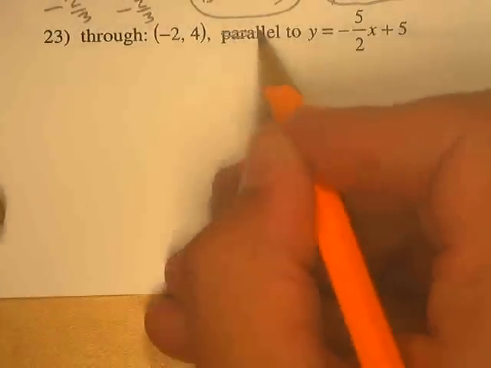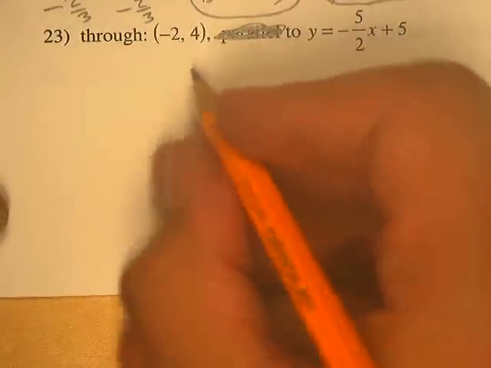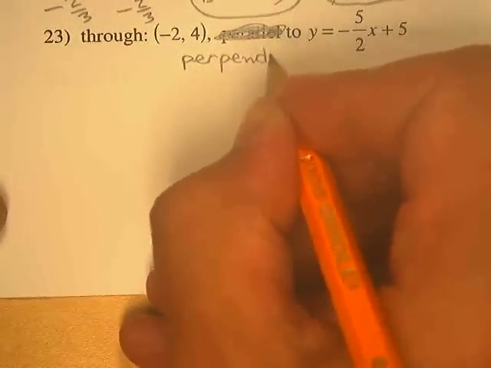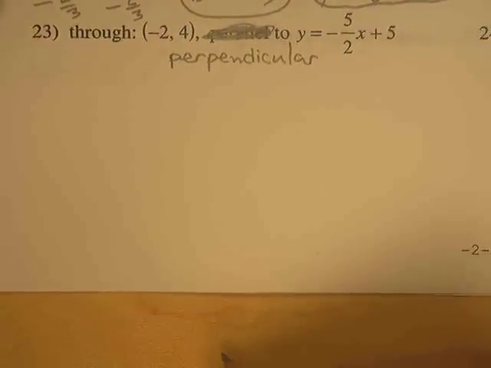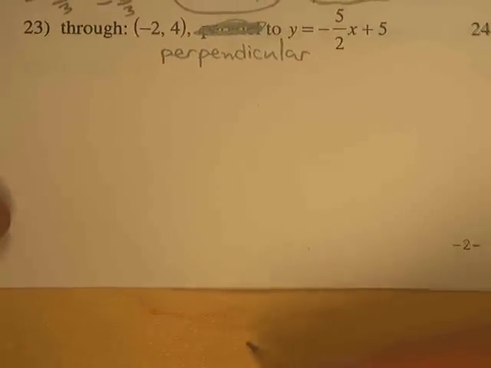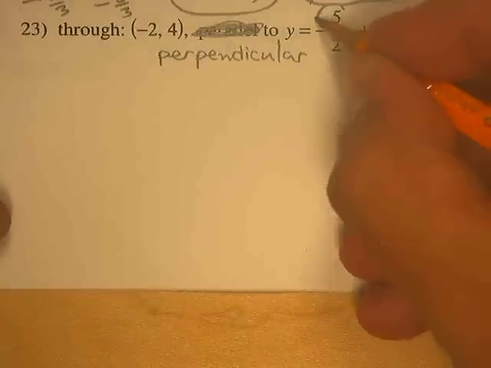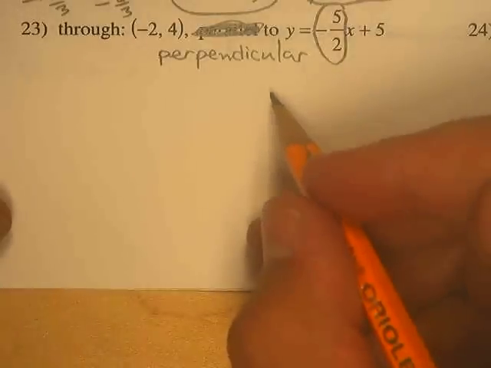Now, let's change it up. Instead of doing parallel, let's cross that out and let's do perpendicular. That's going to change things up quite a bit. And here's why. Look at the slope of this equation.